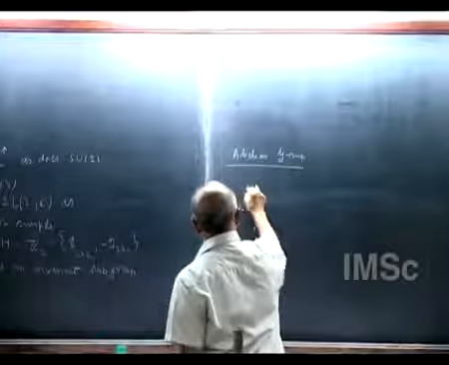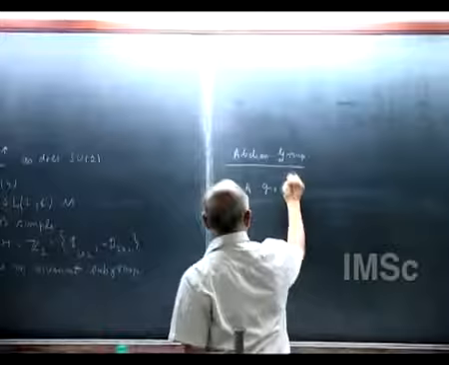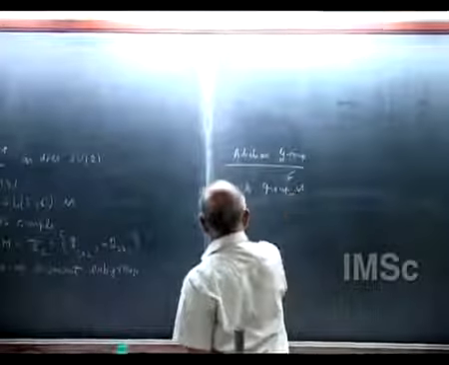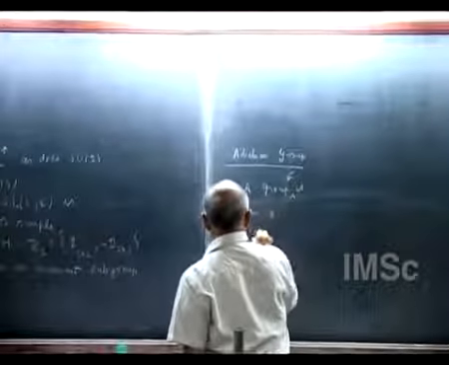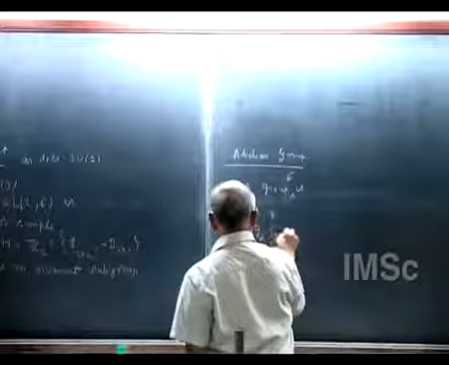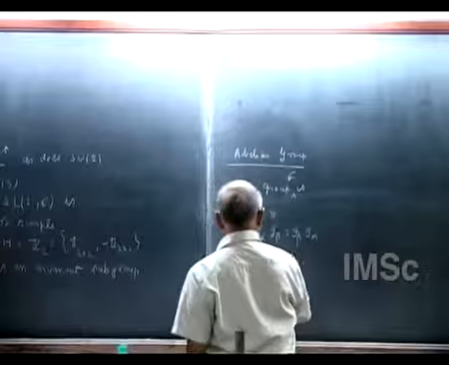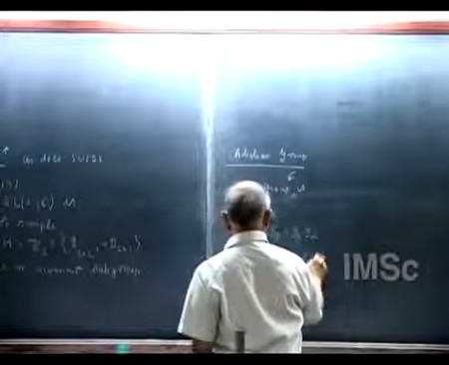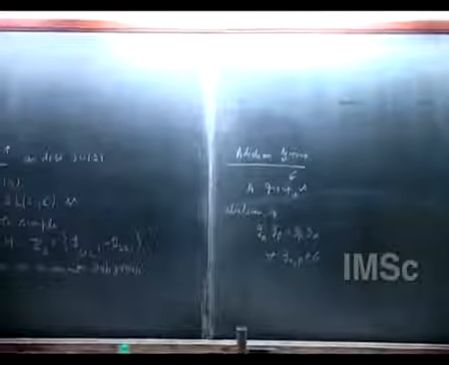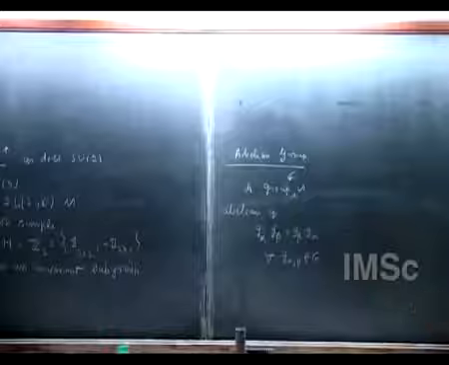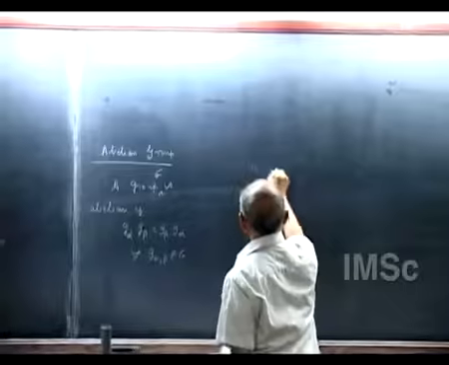A group G is abelian if G alpha G beta is G beta G alpha, or G alpha beta in the group. So, an abelian group means the elements commute. There are plenty of examples. For example, Z2 is abelian trivially.